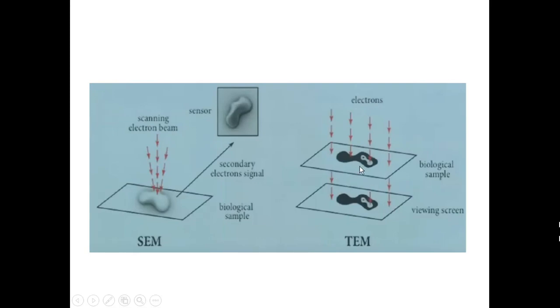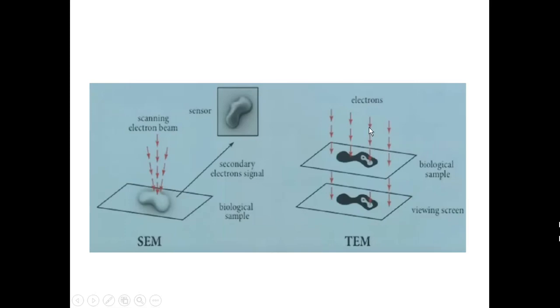So many electrons are hitting the sample surface, but it is some of the inelastic and elastic electrons that pass through and create the image here. On the image viewing screen, that is the fluorescent screen, we get the exact image magnified with the help of the projector lens, isn't it? That is the basic idea.